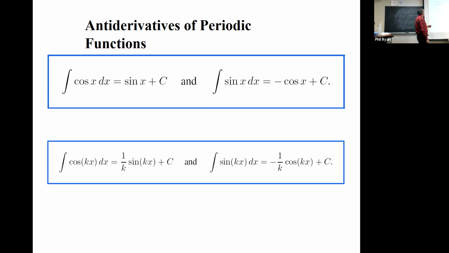And if we had cosine of kx or sine of kx, remember when we take the derivative, we multiply by the k. Now when we take the antiderivative, we divide by the k. So the antiderivative of cosine of kx is sine of kx divided by k. And the antiderivative of sine of kx is minus cosine of kx divided by k.